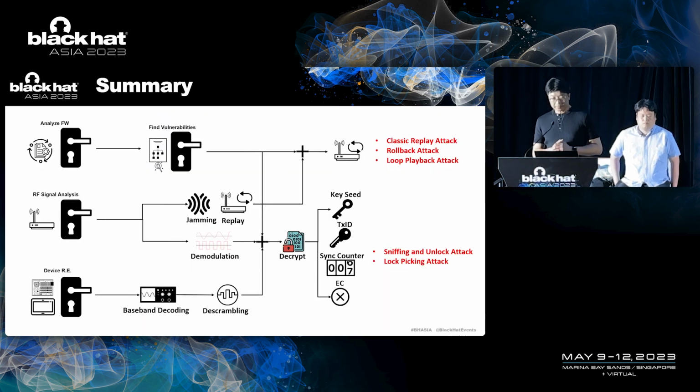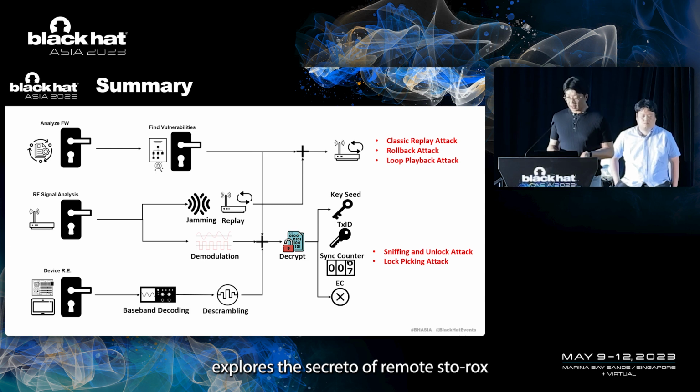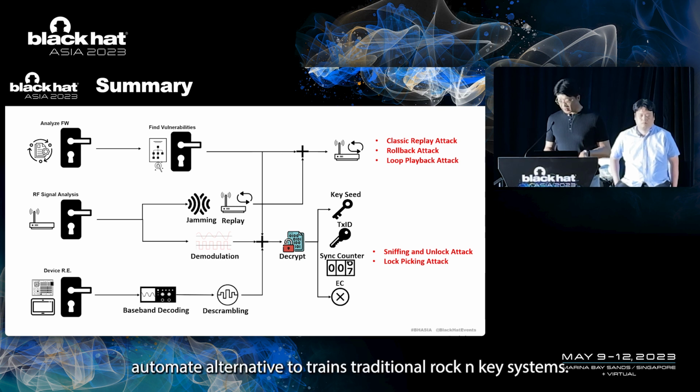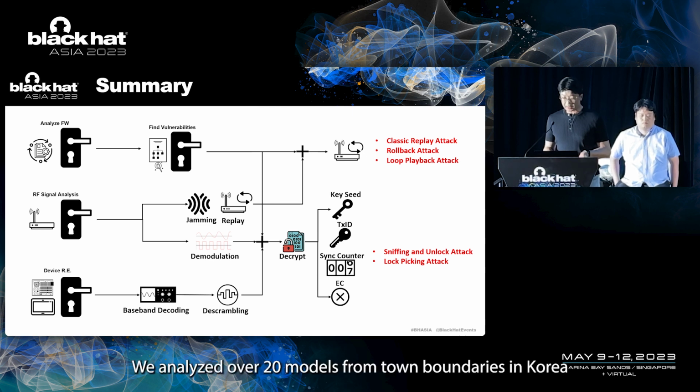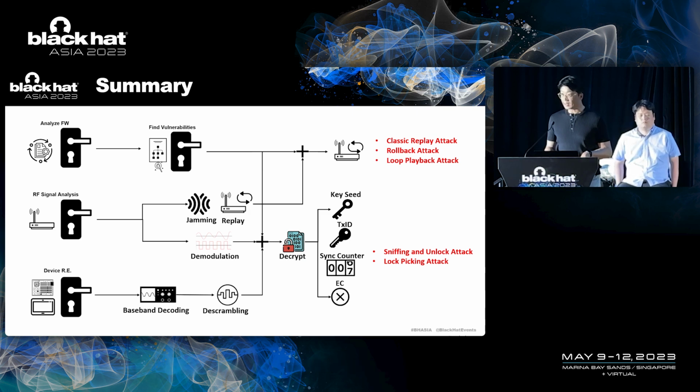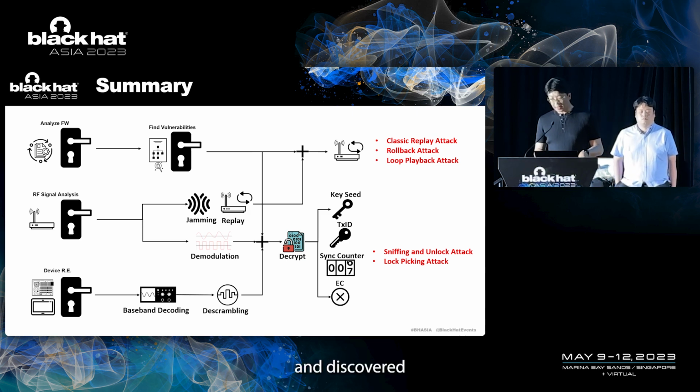This talk explores the security of remote door locks, which have become a popular alternative to traditional lock and key systems. We analyzed over 20 models from 10 vendors in Korea and discovered vulnerabilities such as rollback, loopback, and forgery attacks.